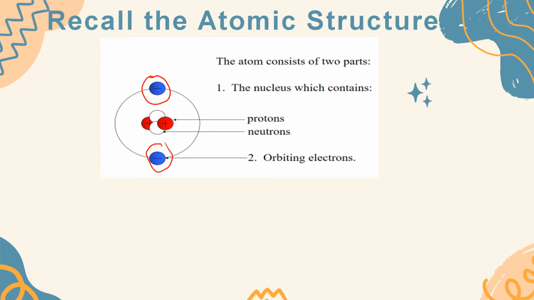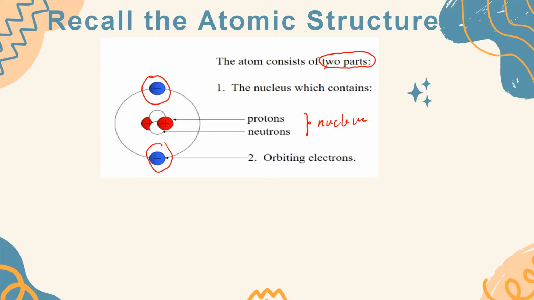In this atomic structure, I want you to remember the atom consists of two parts: the nucleus and the electrons. The nucleus consists of protons and neutrons, merged together, so you cannot really tell them apart.